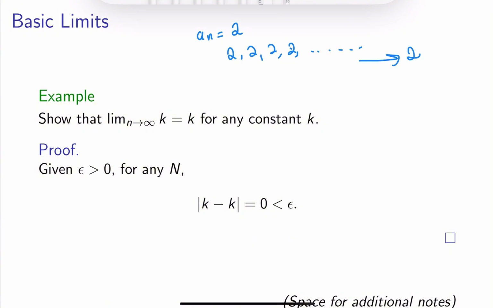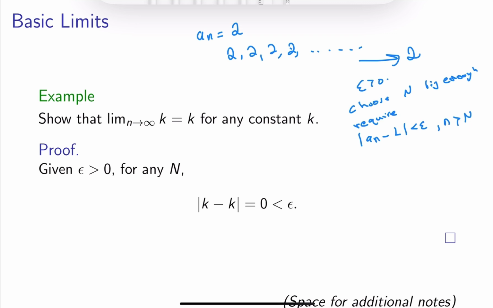To prove this, we again start with any positive number epsilon. That is, you can think of it as a tiny number. You choose n big enough, and you require that a_n minus the limit be less than epsilon when n is bigger than that n that you chose.